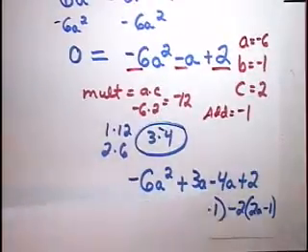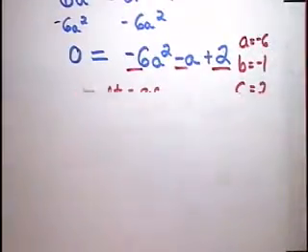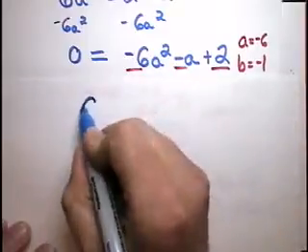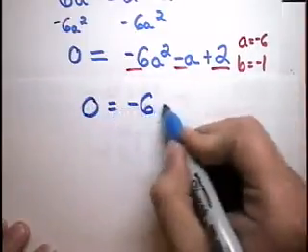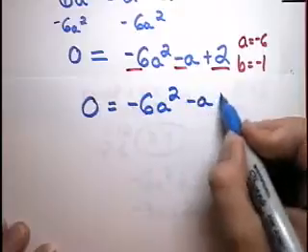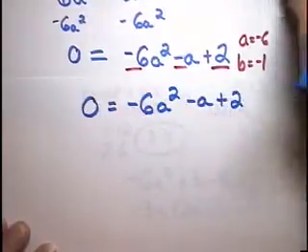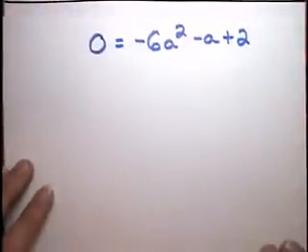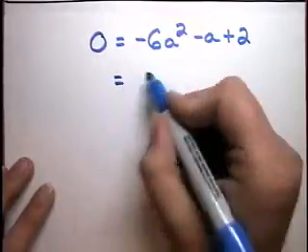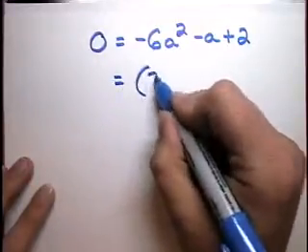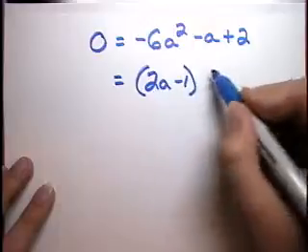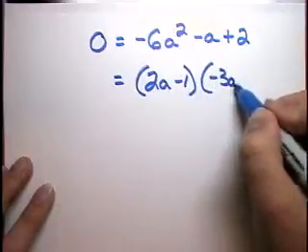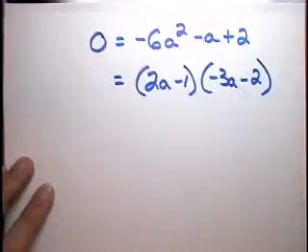So now I factored this. I originally started with 0 equals -6a squared minus a plus 2. But I was able to factor that side of the equation to be 2a minus 1 times -3a minus 2.